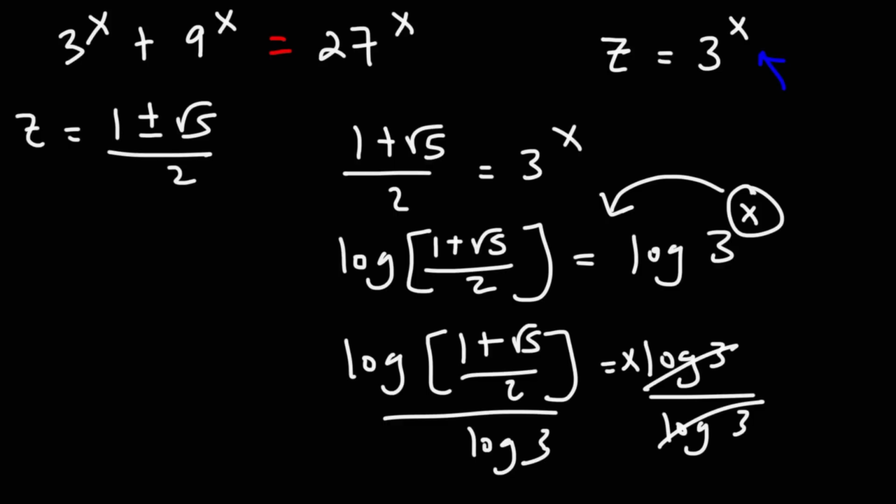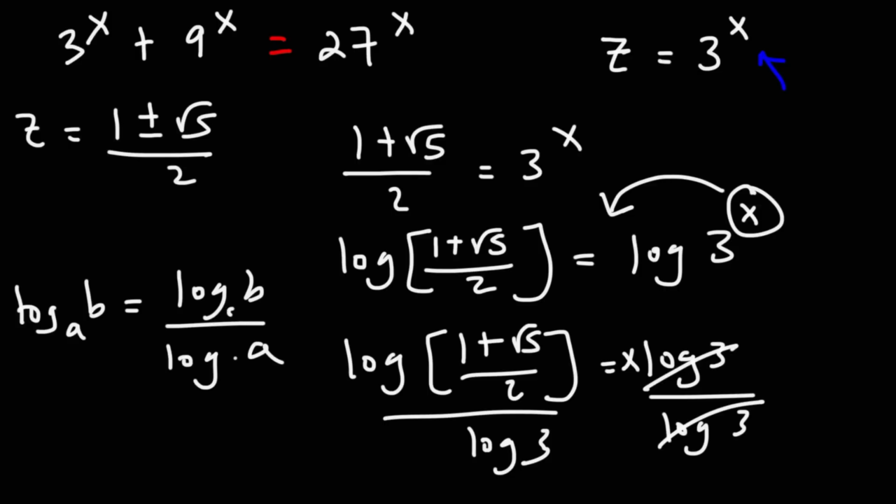Now, if we want to, we could simplify this using the change of base formula. Log base C of A over log base C of B equals log base B of A, with a new base C. We haven't defined what this base is, but it really doesn't matter. It could be anything.